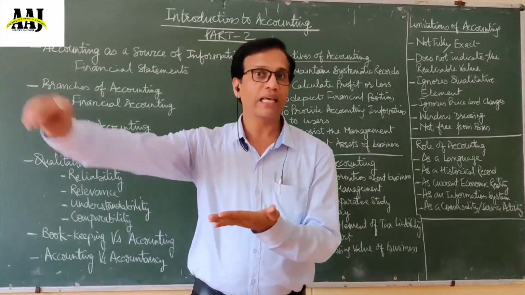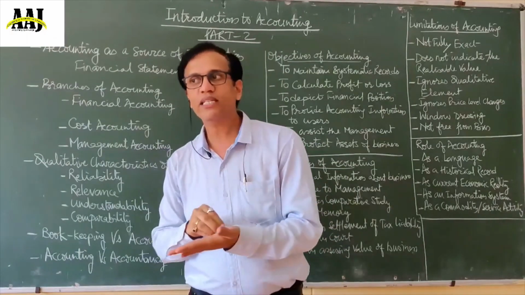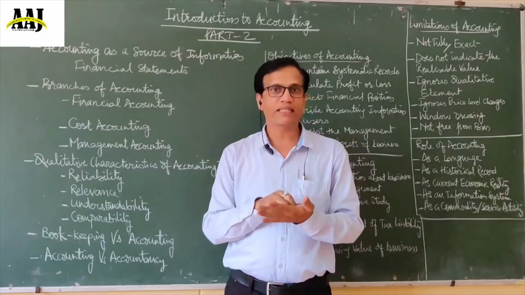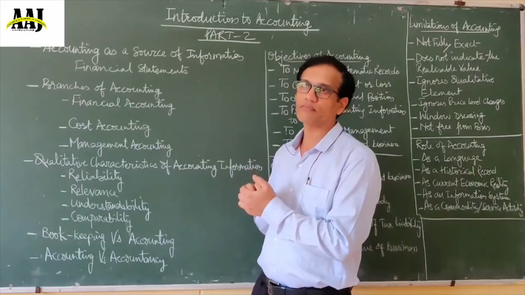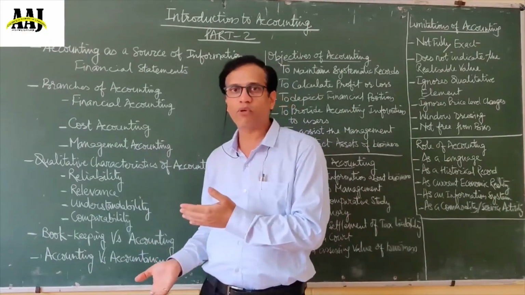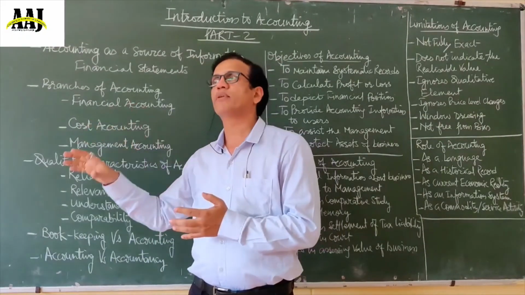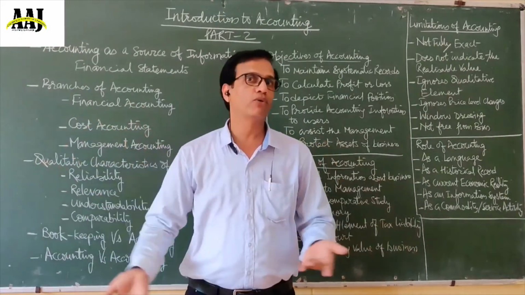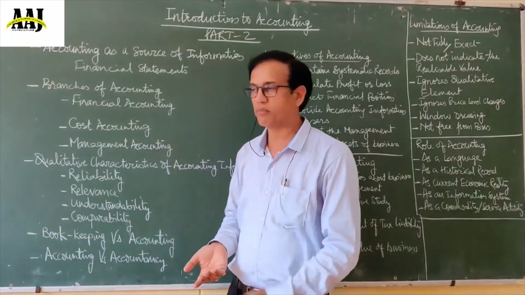That means it is to be continuously done. It takes place based on the transactions. Today, whatever transactions happen, you are recording in your day book. Then the next day in the morning or late evening of the same day, you are transferring them to the ledger account, or weekly you can do so. It depends on the size of the business, on the nature of the work of the business.